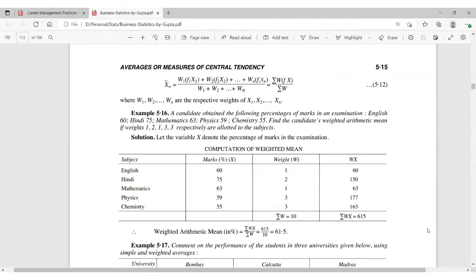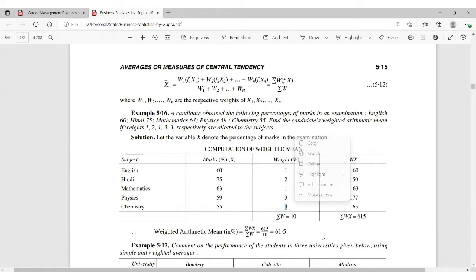So if any student wants to take admission in B Pharma, more weightage is given to biology and chemistry, right? For example, the weightage for the other one is 1, so for that particular test 2. Similarly, these weights are given: English 1, Hindi 2, mathematics 1, physics 3, chemistry 3.